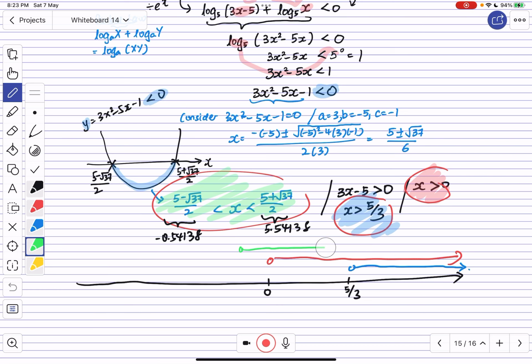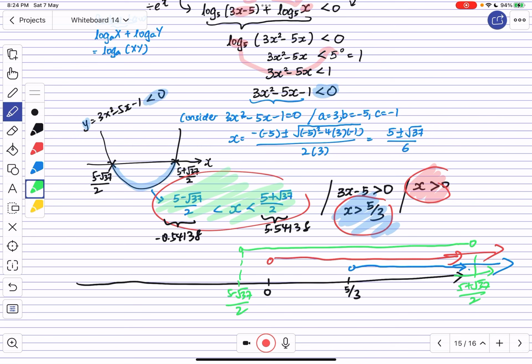It's probably all the way to the right here, where this is 5 plus square root 37 over 6. Over here, this is 5 minus square root 37 over 6. Now, if I want the intersection of all three, you can see that, extending the red and the blue, the intersection will fall within this region here.